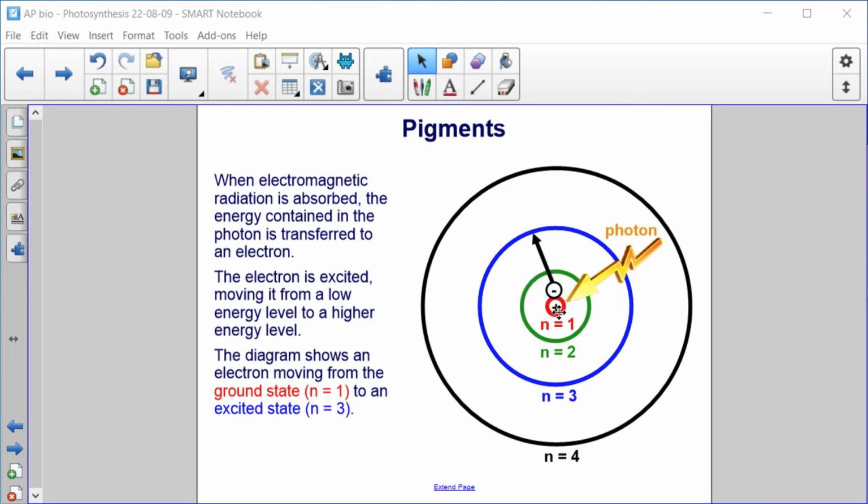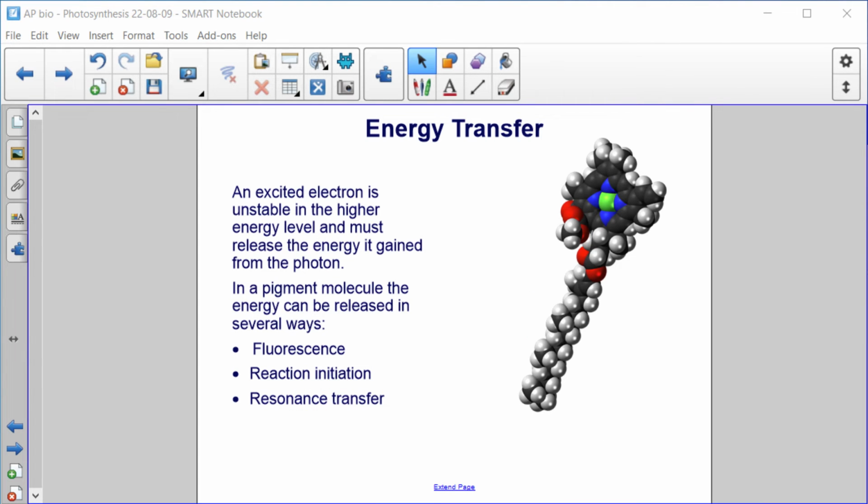In doing so, this electron is moving from n equals 1, the ground state, to n equals 3, an excited state. An excited electron is unstable in that higher energy level and must release the energy it gained from the photon. In a pigment molecule, the energy can be released in several ways: fluorescence, reaction initiation, and resonance transfer.